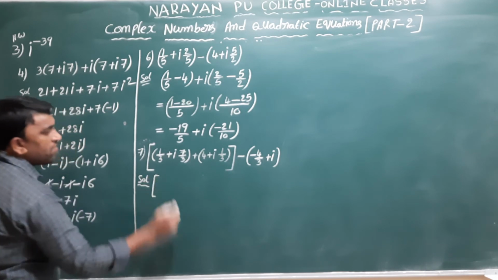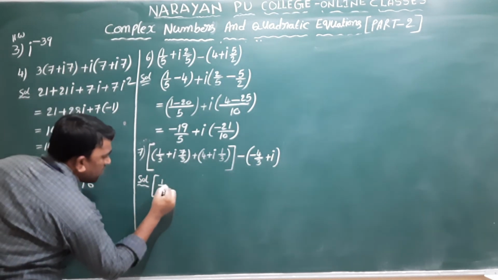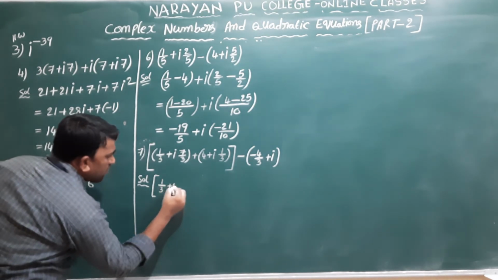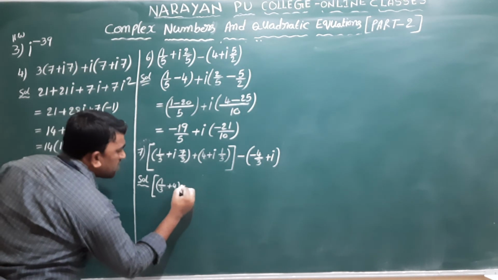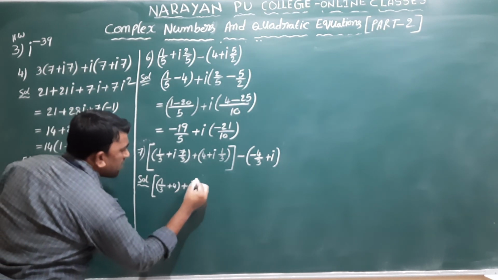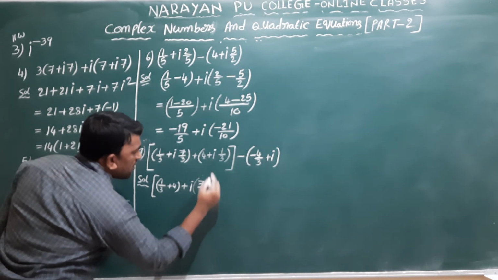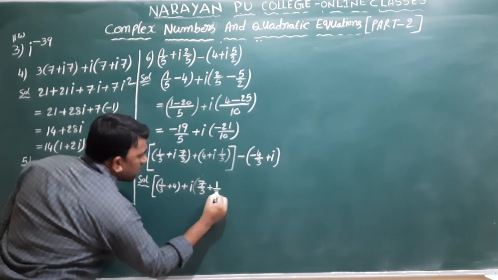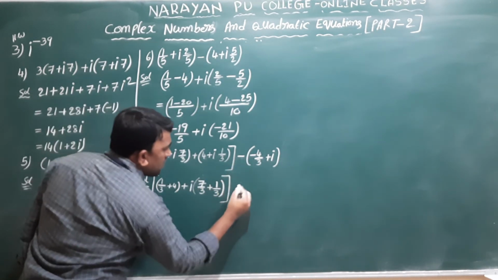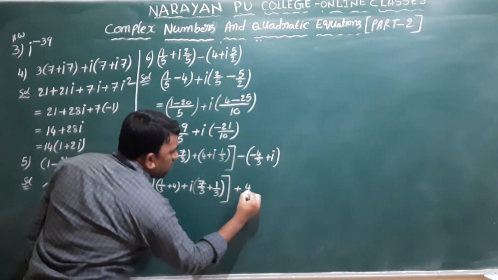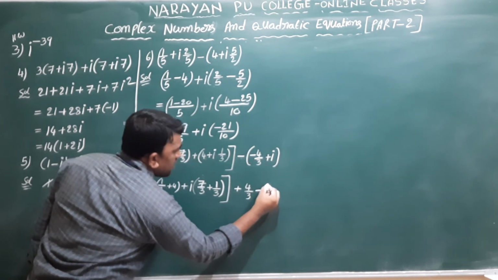Whole bracket: in that, the real parts you can write on one side: 1 by 3 plus 4, plus the imaginary part i into 7 by 3 plus 1 by 3. So minus or minus plus 4 by 3, minus into plus minus i.